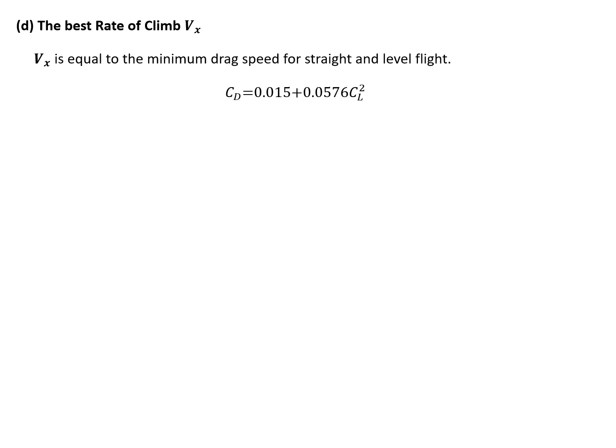And now we need to go back to the drag polar, and when the minimum drag speed is achieved, what happens is the parasitic drag equals the induced drag. So that's a hidden information. And then we need to just equal the two components. We can have the lift coefficient for minimum drag, which is 0.51.